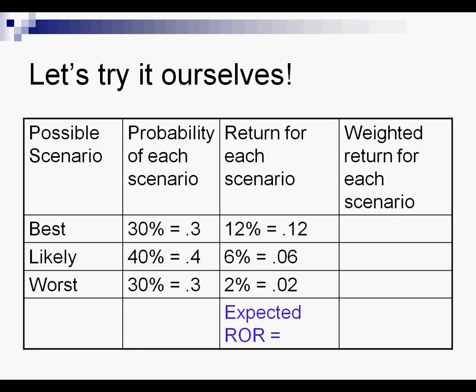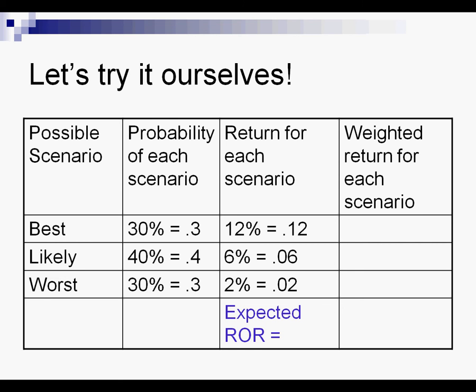So, trying it ourselves, let's take a look at this problem. First of all, we've got a 30% chance of the best possible outcome, 40% of a likely outcome, and 30% of the worst outcome. The return for the best outcome is 12%, for the likely outcome is 6%, and for the worst outcome is 2%. You would then take the 0.3 and multiply it by the 0.12, and that would give you the weighted return for the best scenario.